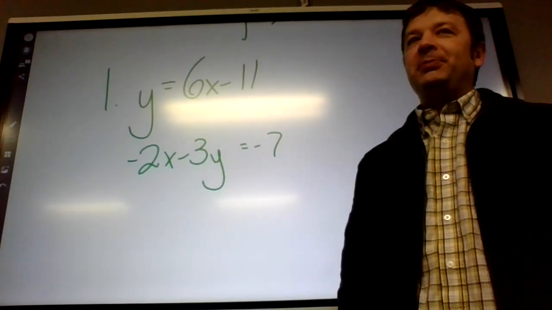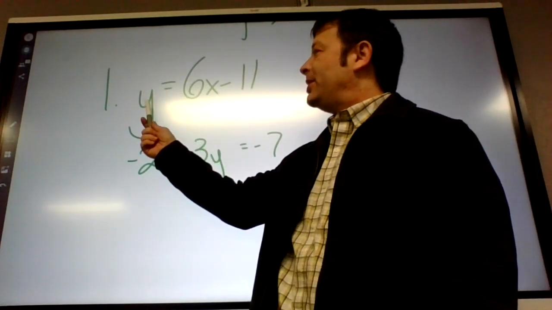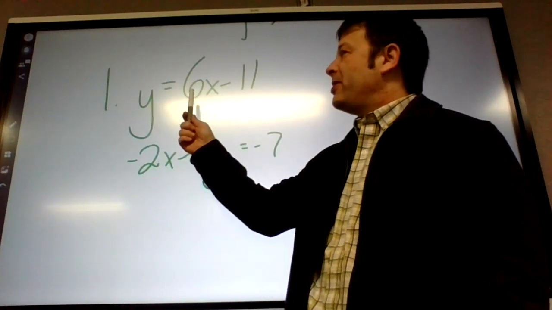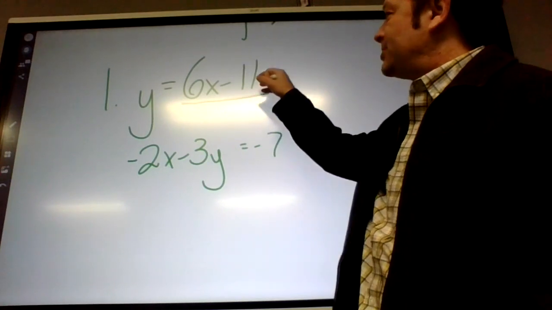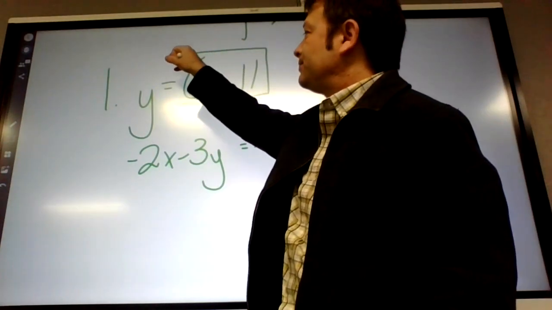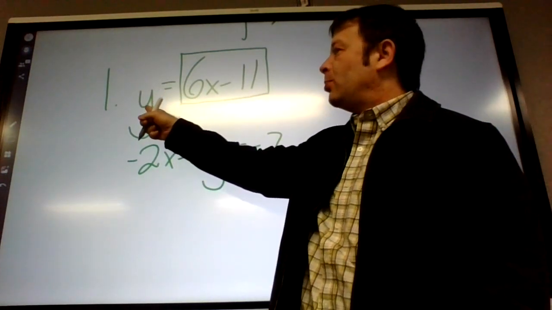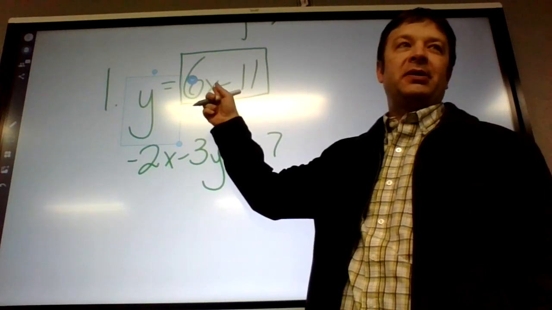Okay, substitution means replace. So on substitution, you need one of your equations to say y equals or x equals. Because if y is equal to 6x minus 11, what that means is I can replace y with 6x minus 11 because they're the same thing.